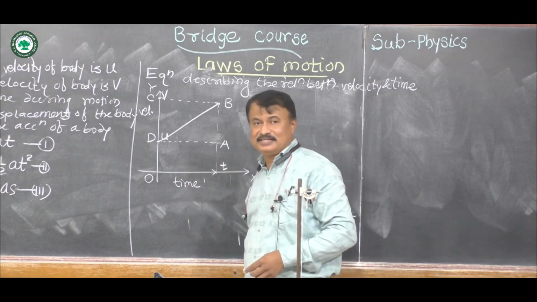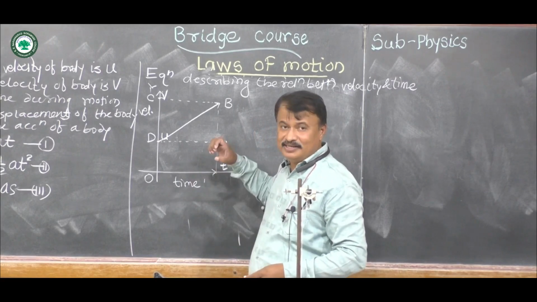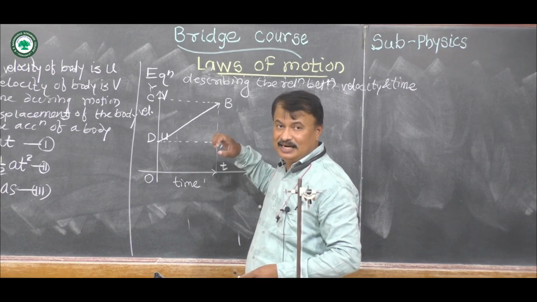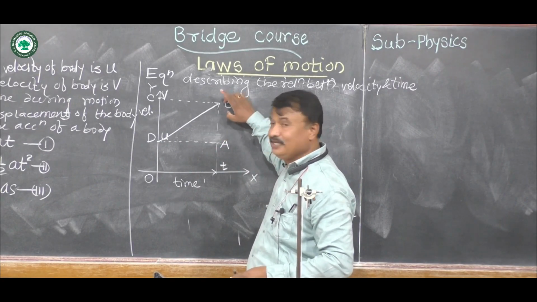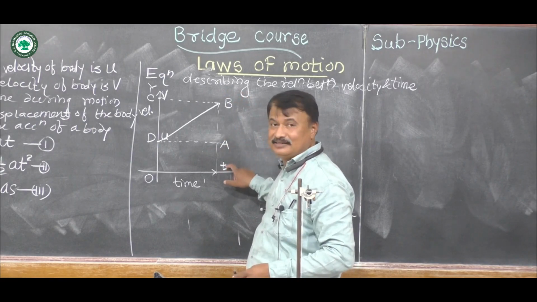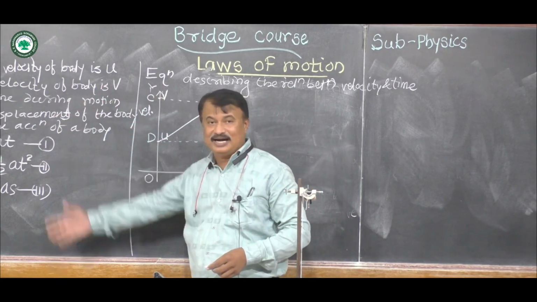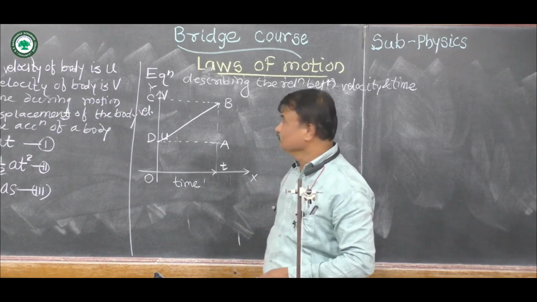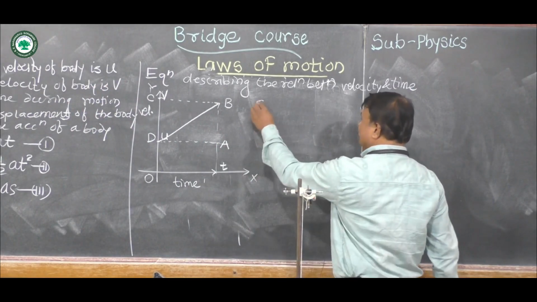This describes the graphical representation of a body moving with initial velocity u and reaches final velocity v when it reaches point B after some time t. Then its acceleration is given by a and displacement is given by s. Now we know the formula for acceleration.